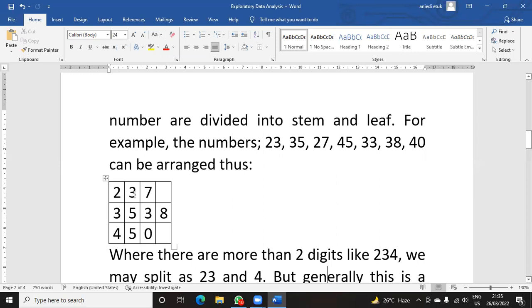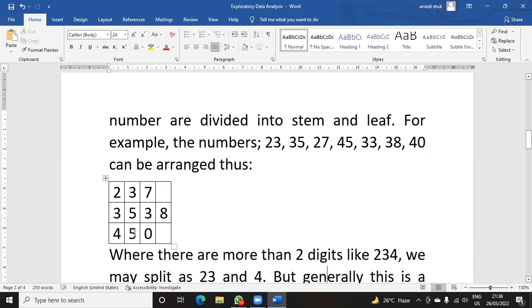Now every other number follows. The first person was 23 years old, so you write 3. The second person was 35, you go under 3 and write 5. The third was 27, you go back to the row with 2 as the first digit and write 7. Now the next person is 45, you go to where you have 4 and write 5.